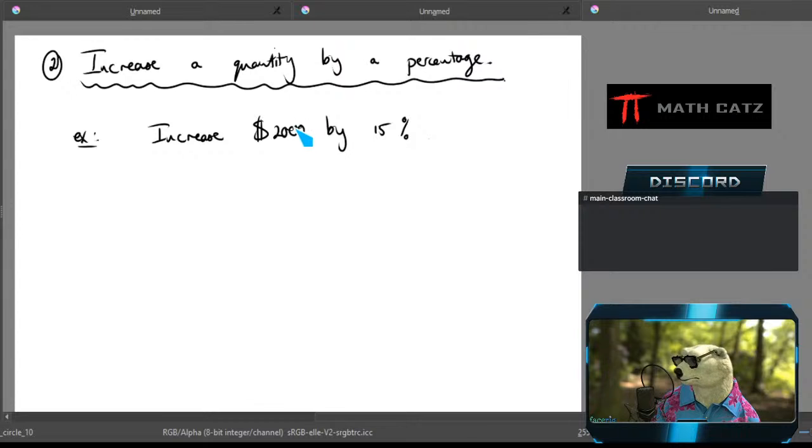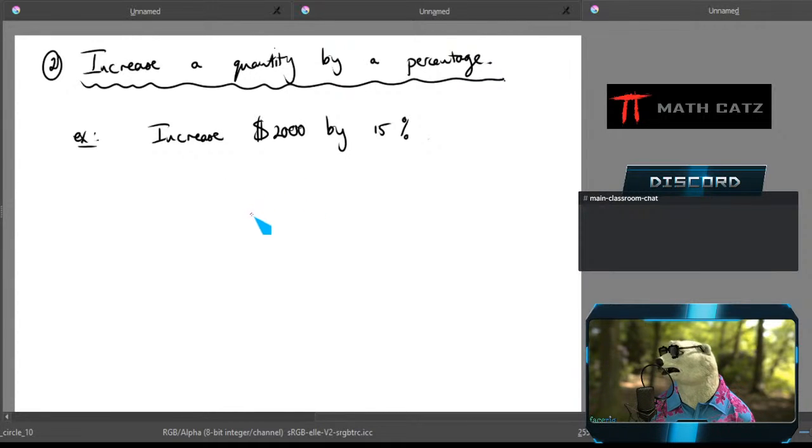For some reason, whether it's from the bank or wherever, I have the opportunity to increase $2,000 by a certain percentage, 15 in this case. Now, what is really happening here?